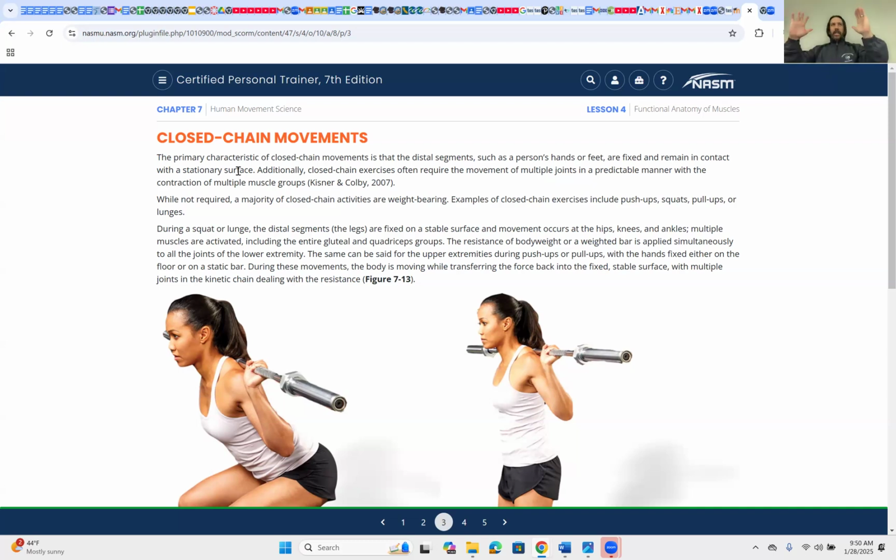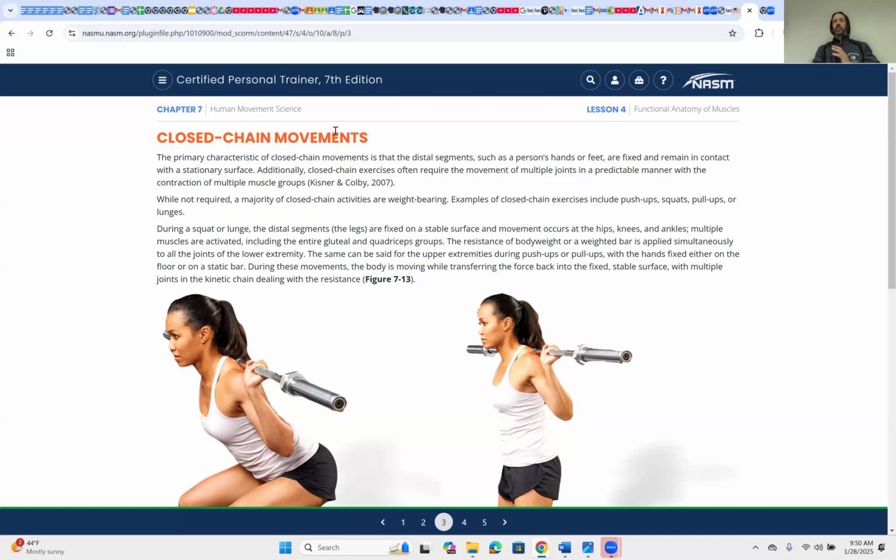Basically, the body and the surface meet and close the gap. So there's no opening between that body and the surface. It's closed. It's closed contact, basically.